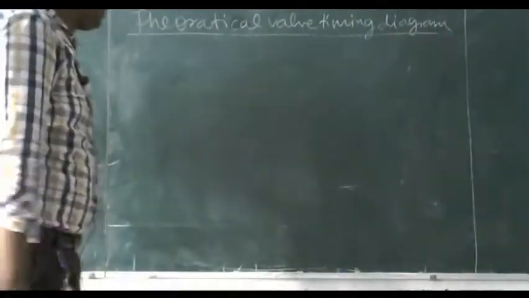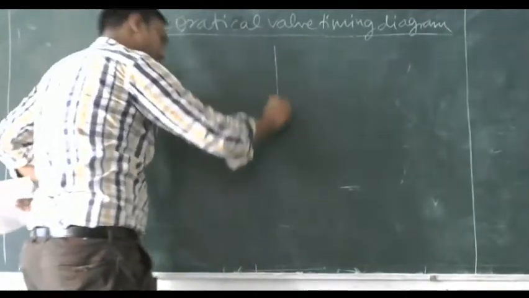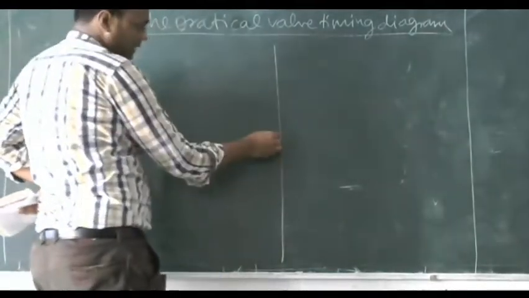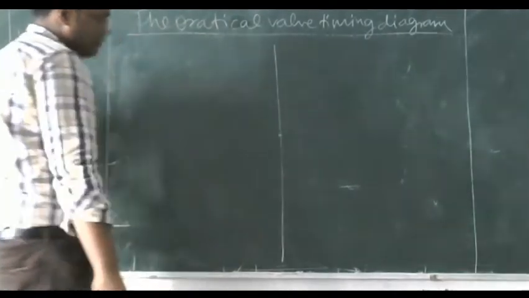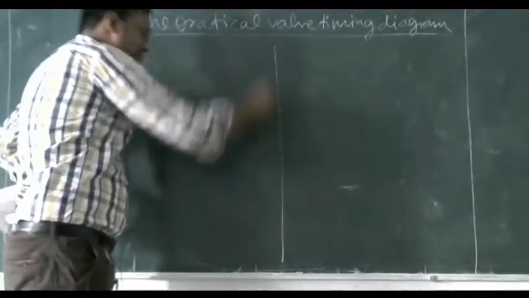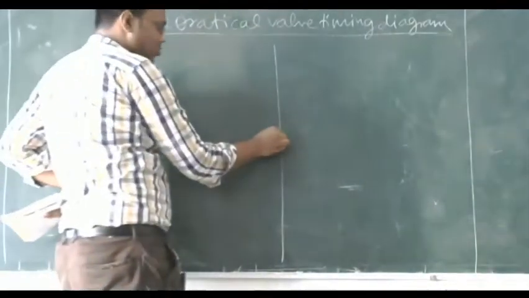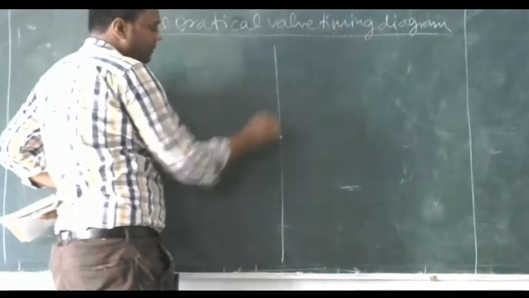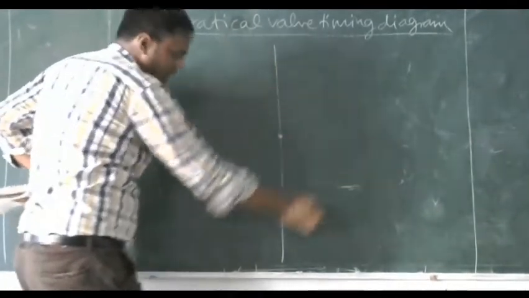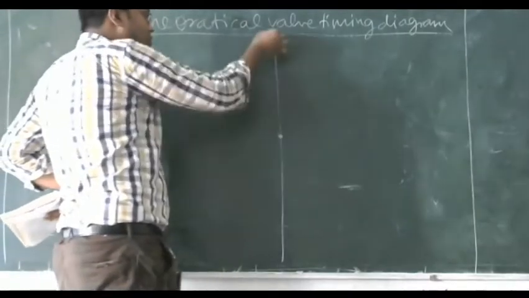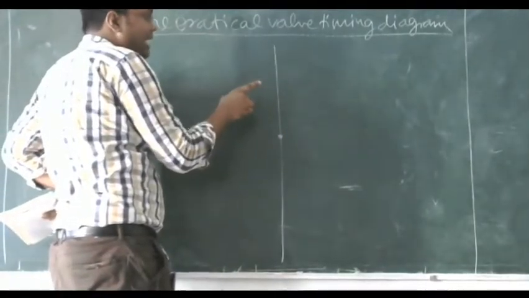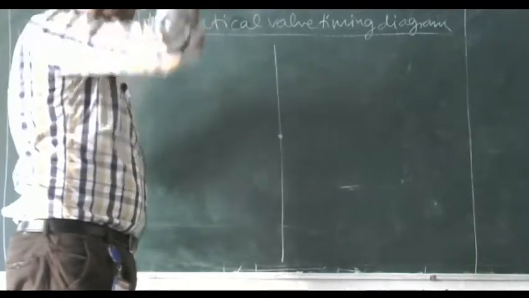So in the theoretical valve timing diagram, let us assume this is a line and this is the center point. Assume this is the crankshaft, and this crankshaft is rotating about this center. When the crankshaft is at top position, the piston will be at TDC.